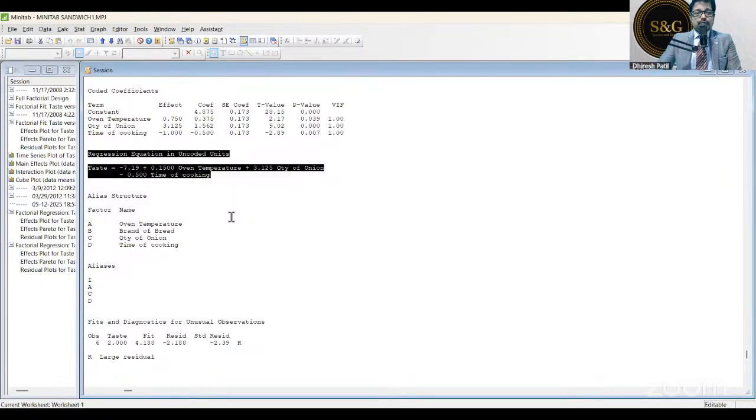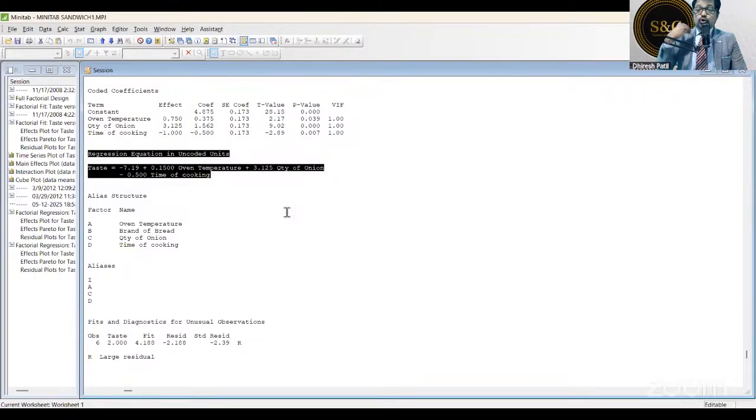Intersection point. Then 0.15 oven temperature plus 3.1 quantity of onion and minus 0.5 time of cooking. Okay, this is the equation. Are you clear? This is the optimized equation of design of experiment. With this regression equation, you can predict any value very easily.